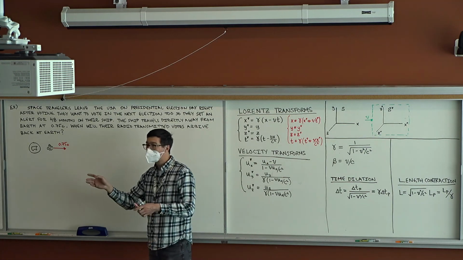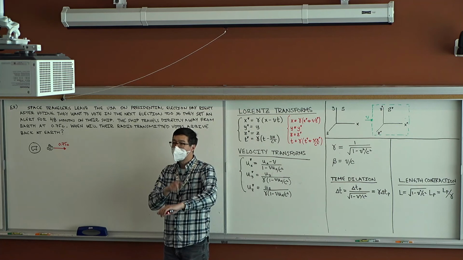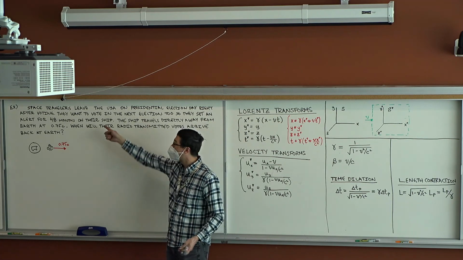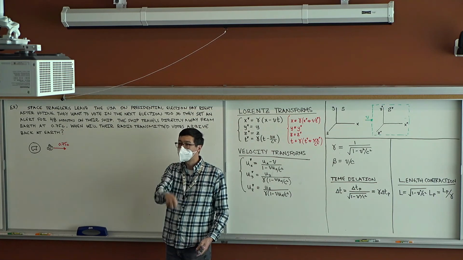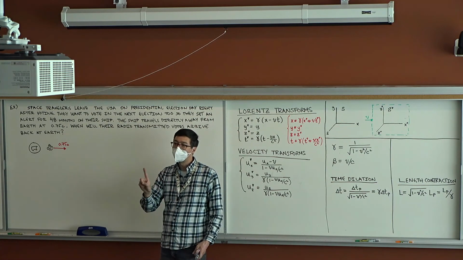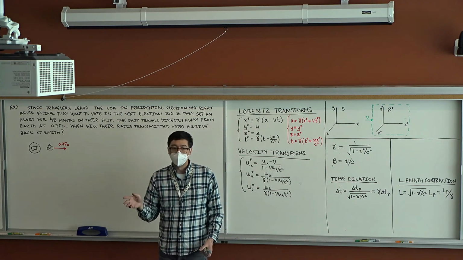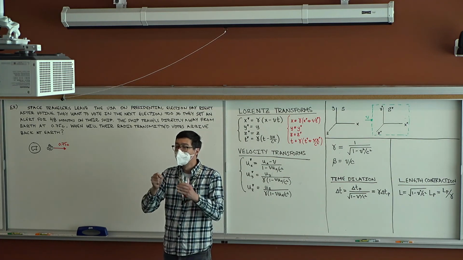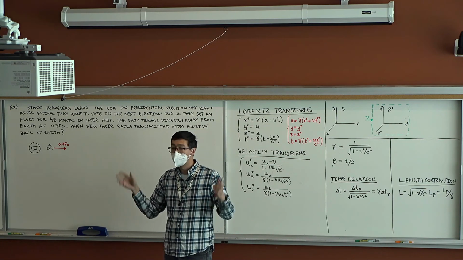They get in their spaceship, they start traveling, they set the timer on their computer for 48 months. So they set the timer. I want that to be event 1. Event 2 is 48 months later, it chimes and says, don't forget to vote.